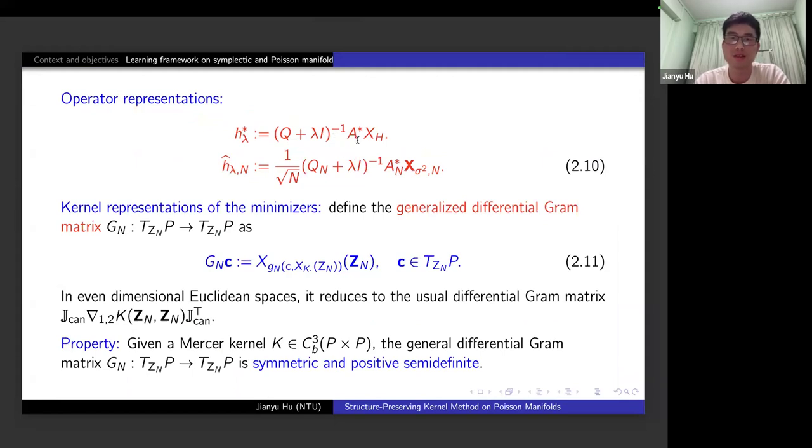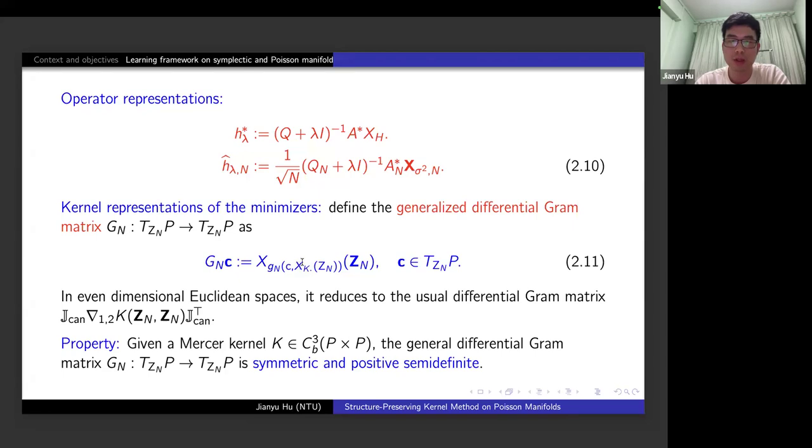However, in practice, these representations are not convenient to compute the estimator. So to get the kernel representation, we first define a generalized differential Gramian matrix mapping from this product tangent space to itself. Here I briefly explain the notation. K is the kernel.